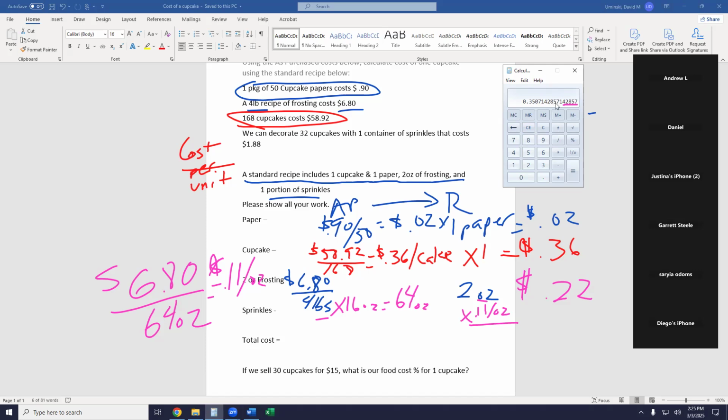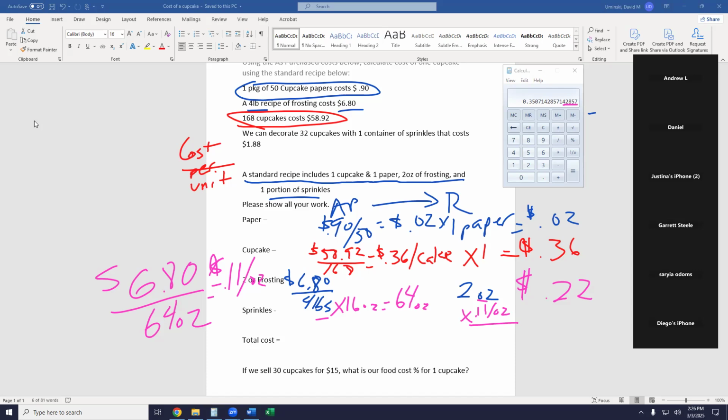That's going to take care of all of these extra numbers over here. Okay, so no matter what, if there's a third number, we always round up to the nearest penny. Whatever that second number is, round it up by 1. Got it. Okay, good question.